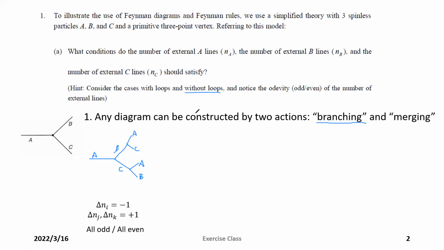But we also have to consider the case with loops, which can be constructed by the action of merging the lines. So, for example, we can once again start from this primitive vertex.